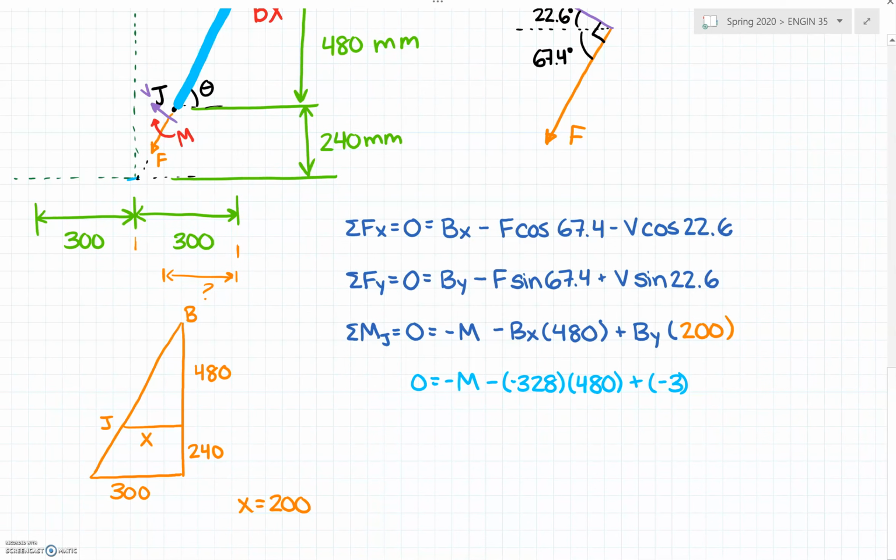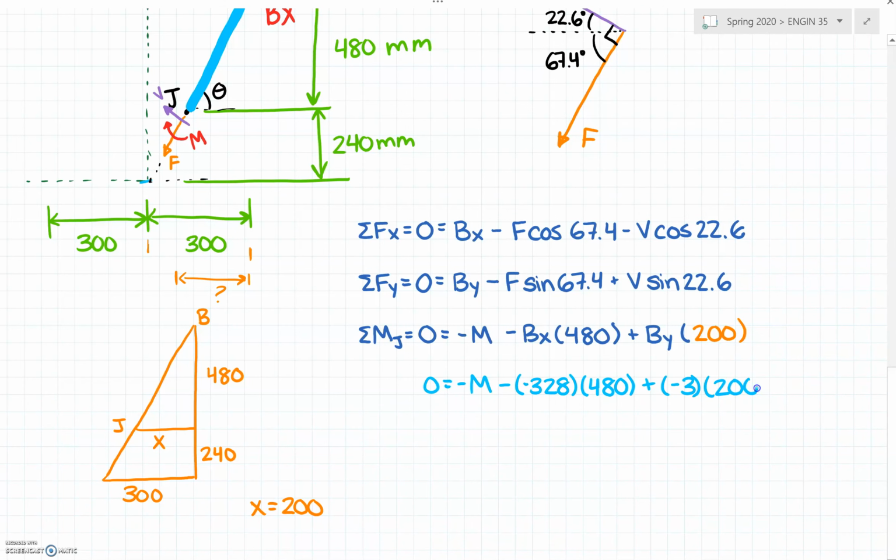So then I can plug in 200 right here, and I solve and I get my bending moment is 156.8 Newton meters. I can also use substitution to solve for V and F. I get F is minus 129 newtons, and V is minus 301 newtons.